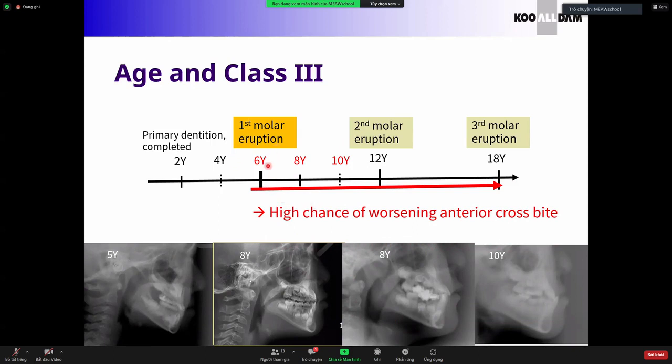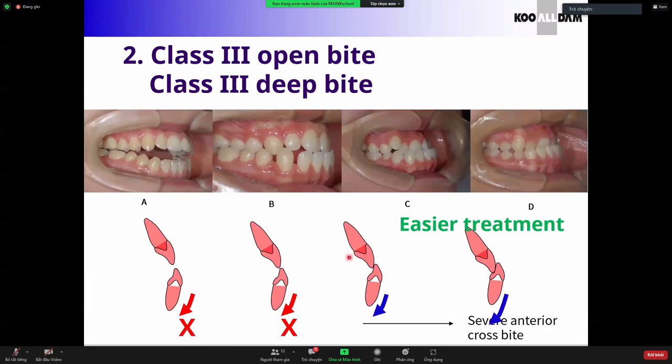If we see 6 years old and 8 years old, 10 years old, we can see the similar anterior crossbite. However, the younger the patient, the more severe the class 3 malocclusion. Second factor, we should check class 3 open bite versus class 3 deep bite. Class 3 deep bite, you can see the severe anterior crossbite.